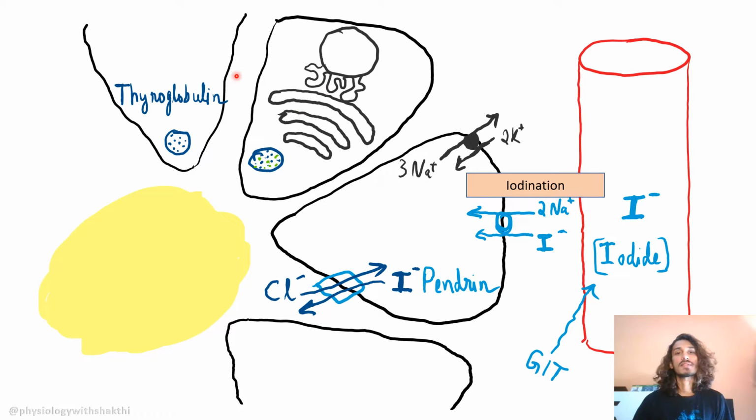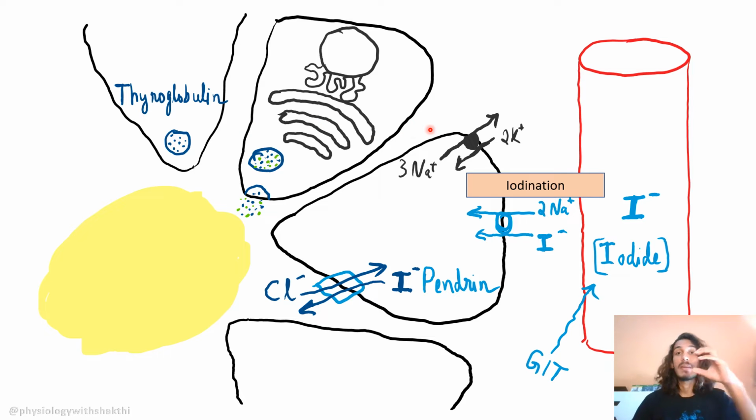Now, apart from this, you can see it's all the same cell. You can see the nucleus, the endoplasmic reticulum, the Golgi. Thyroglobulin, through transcription, translation, and the whole packing, is processed and stored in secretory vesicles, and it is released inside. The secretory vesicle containing thyroglobulin also has peroxidase.